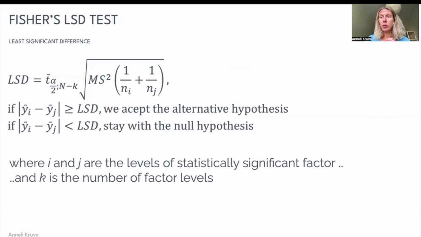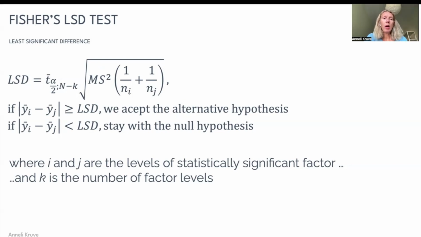And the first way to look into the specific level differences is Fisher's LSD test, which considers the t critical value, taking into account the degrees of freedom. That means how many replications were made, but also how many means were calculated. So the N, capitalized, is the number of measurements across all factor levels, and K is the number of factor levels, as a reminder.